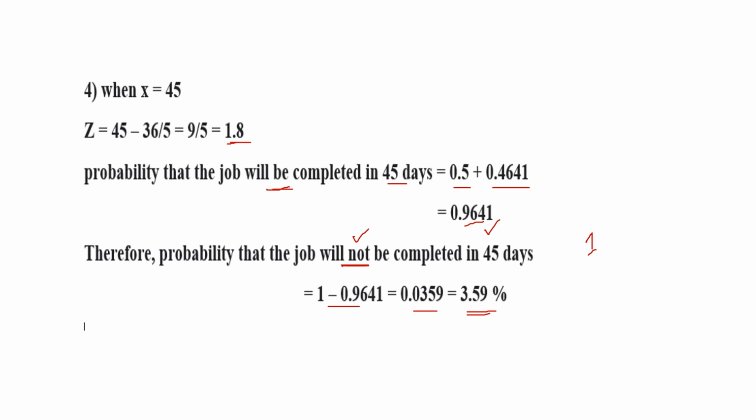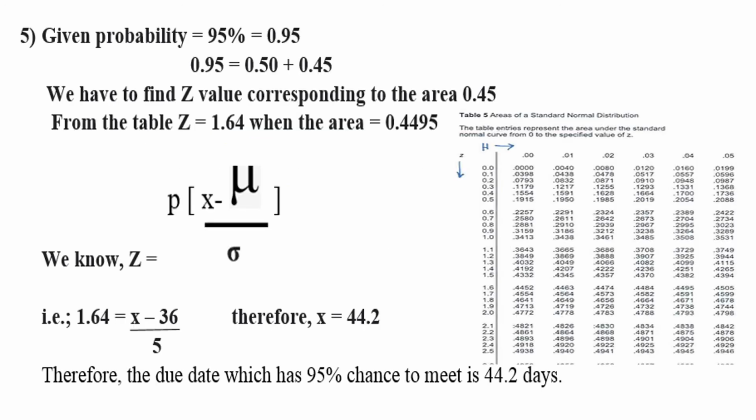So this is the last question. Find the due date which has 95% chance to meet. The probability given is 95%, that is 0.95, and we have to split 0.95 with the help of 0.50.